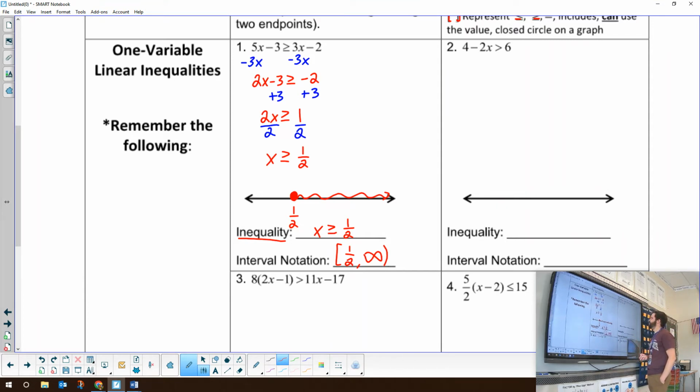Number 2, I have 4 minus 2x is greater than 6. Now, before we actually do number 2, I need you to come over here to the side, and I want you to write down the following.